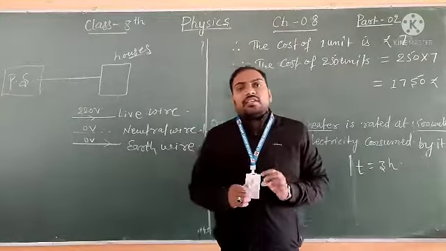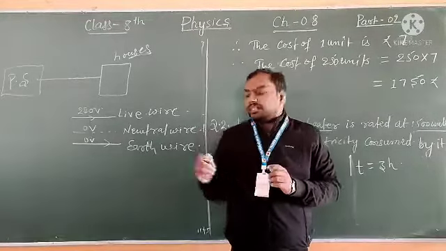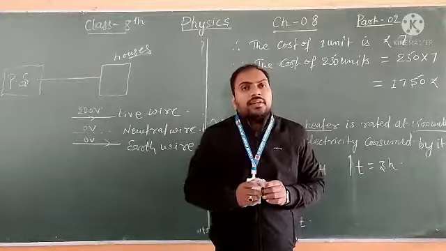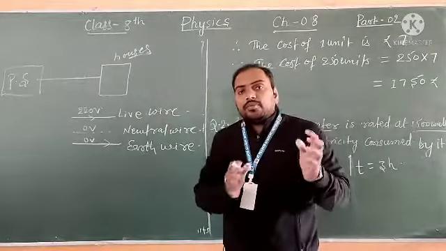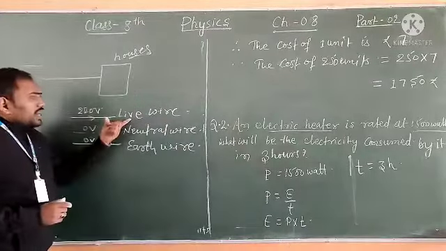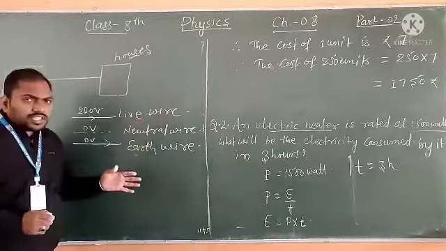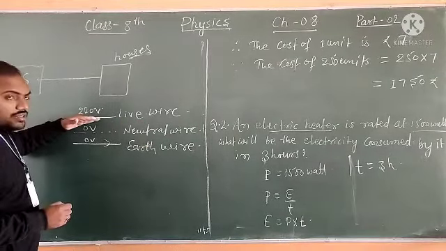Understand why there is a need of earthing and why there is a need of a neutral wire. Live wire, that is the red wire in our circuit, is 220 volt, at higher voltage.